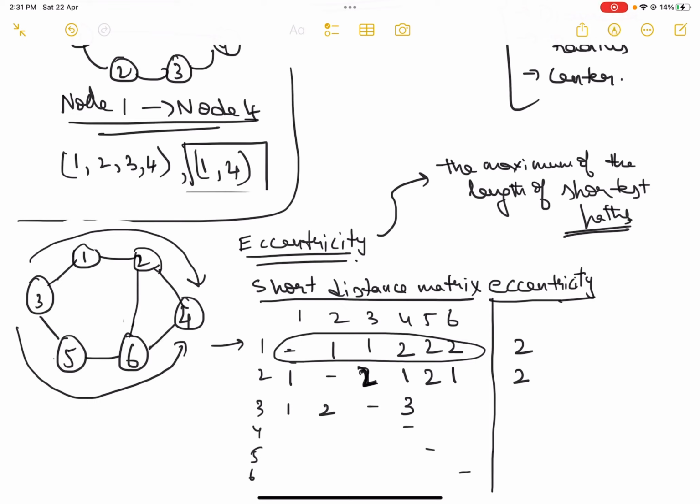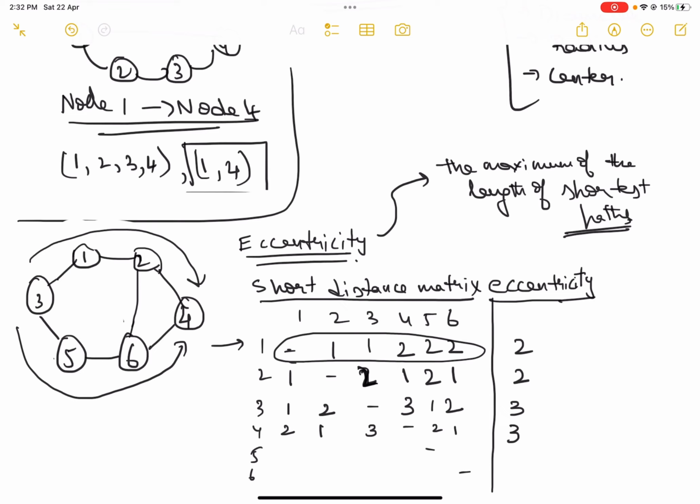Either way it is 3. So 3 to 4 is 3, 3 to 5 is 1, and 3 to 6 is 2. The highest out of all of these is 3. Then for node 4 we have 2, 1, 3, 2 and 1. Highest is 3.